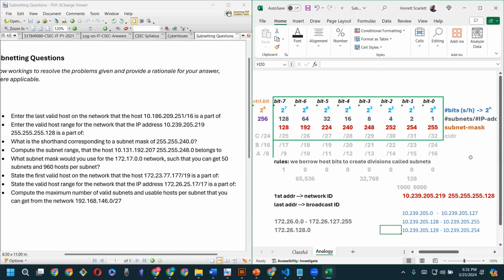So it ends at 172.26.127.255. No, it is not 256, because there's no 256 in an octet.